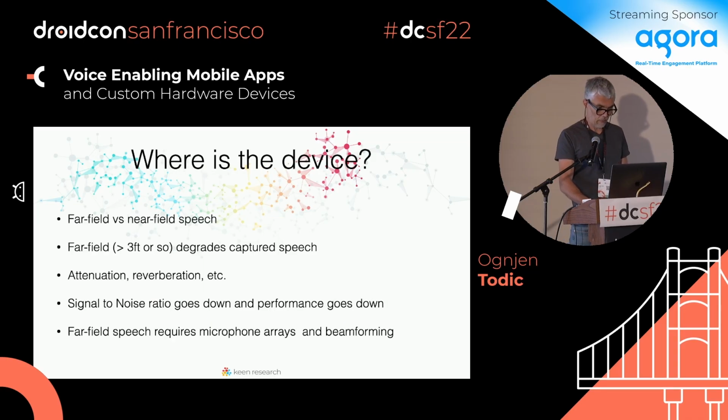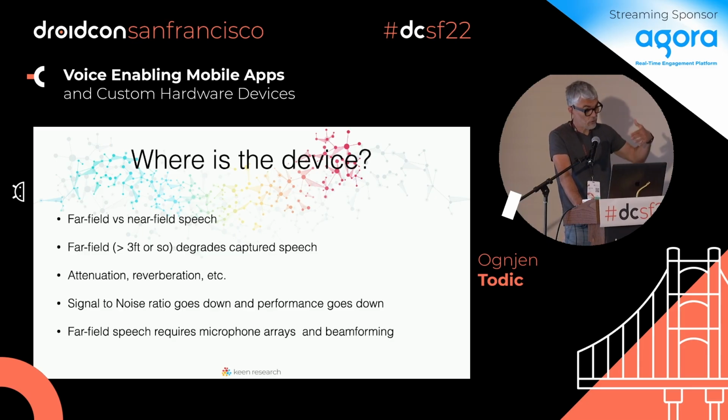All right. Something else that's important is, where is the device, or microphone, I should say. So there's this concept of far field speech and near field speech. Far field would be anything that's more than your arm's reach away, so 3 feet or so, roughly.